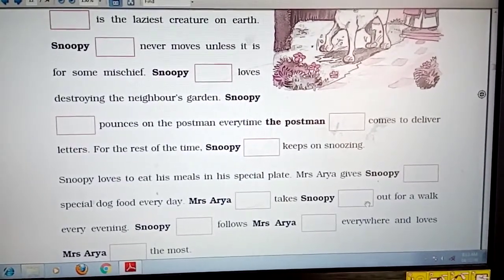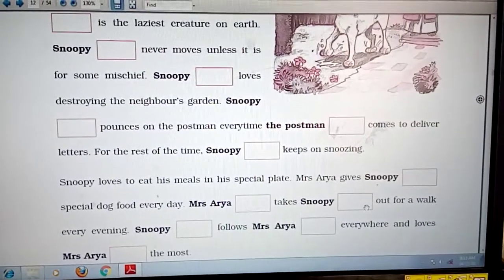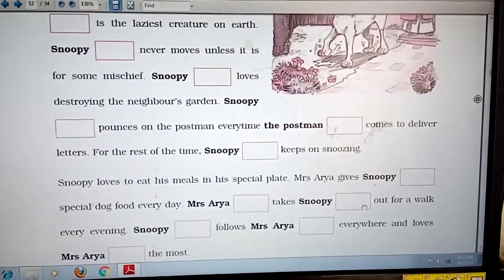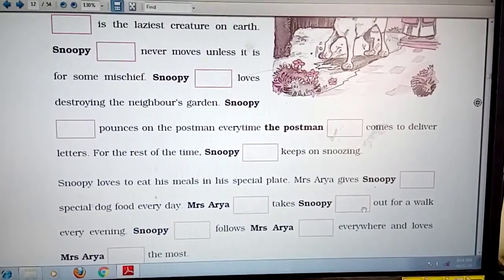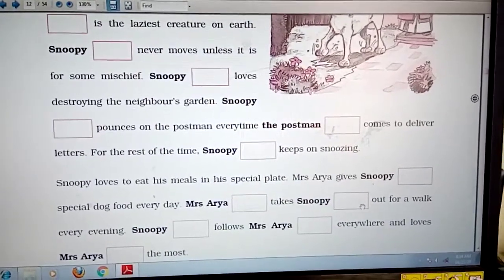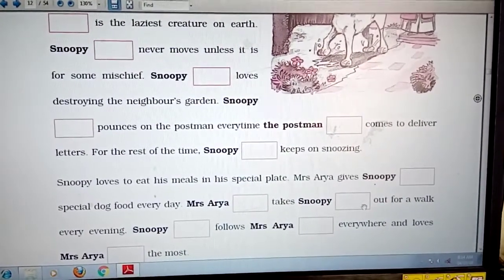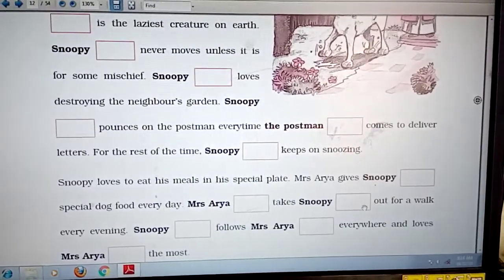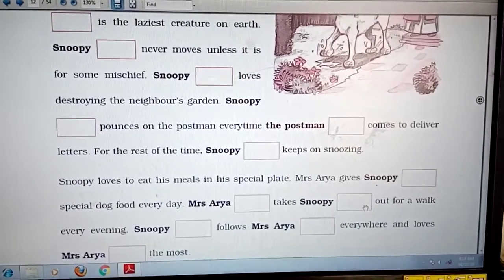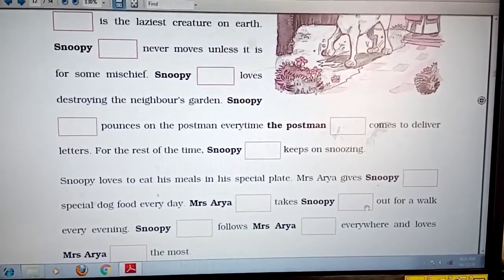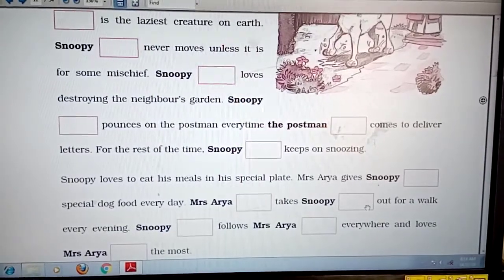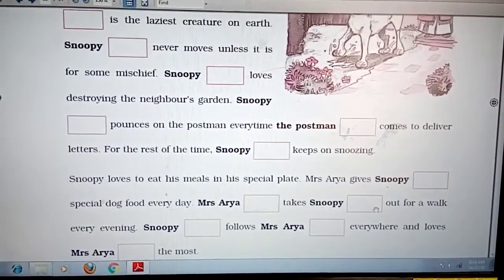Snoopy loves to eat his meals in his special plate. Mrs. Arya gives him a special dog food every day.